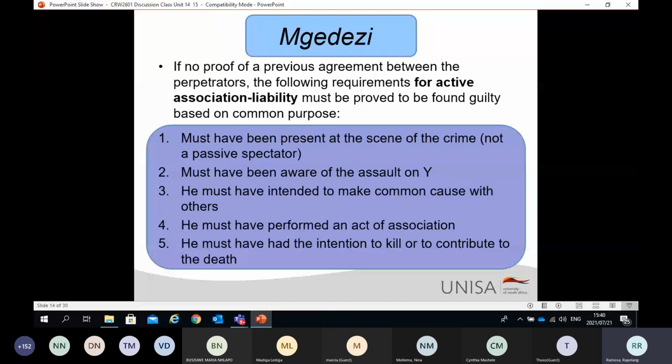Among them are the right to be presumed innocent, the right to dignity, and the right to freedom and security of the person, because it arbitrarily deprives whoever is convicted of the right to proper due process, because it lowers the bar for the prosecution in terms of proving their liability beyond reasonable doubt.